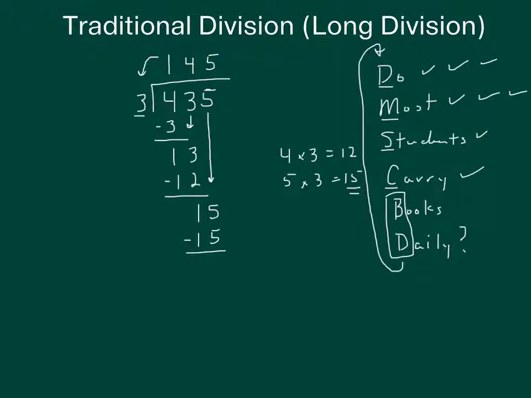Then I subtract, I get 0, I compare, looking again, last check, this is smaller than this, and there's nothing more to bring down. I've finished my problem, and 435 divided by 3 gives me an answer of 145.